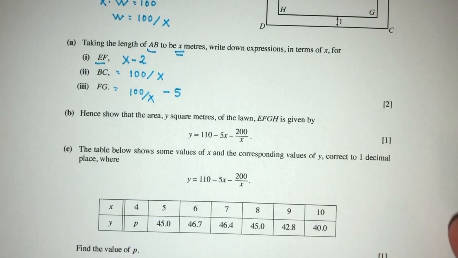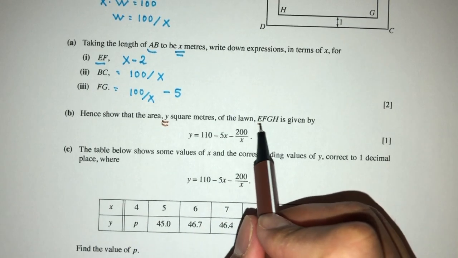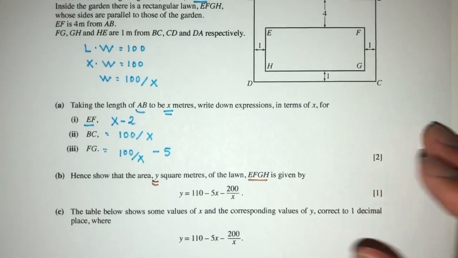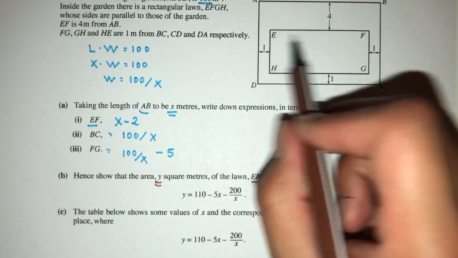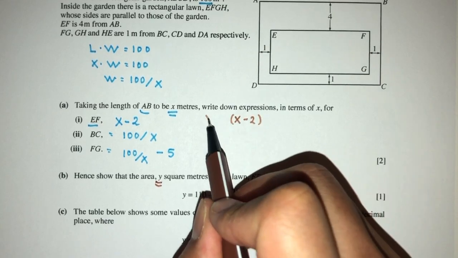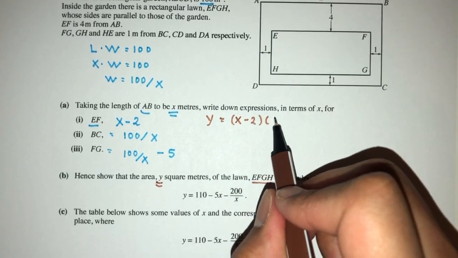Now for part B, we have to show the area. We call the area y of the lawn this. Pretty easy. How do you find the area of a rectangle? It is length times width. So the length EF is x minus 2, we have called the area y, and the other side is FG, which is this value.